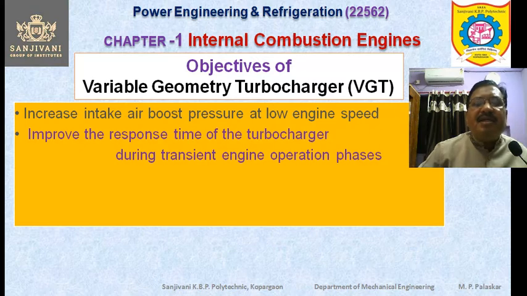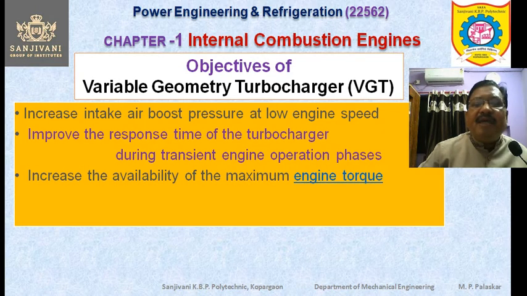That means the engine should respond quickly to acceleration. The pickup of the engine should be good. Quickly it should accelerate. That is what is desired from the engine, and we can try to fulfill this with the help of the variable geometry turbocharger.